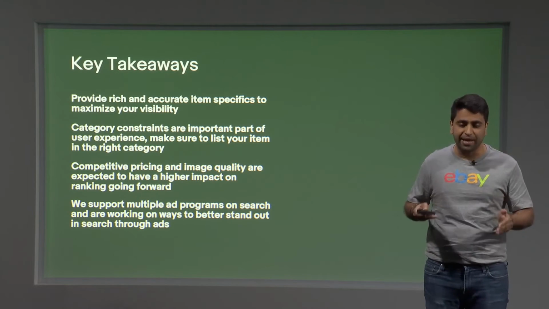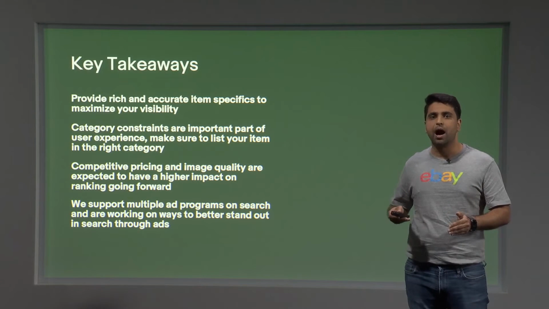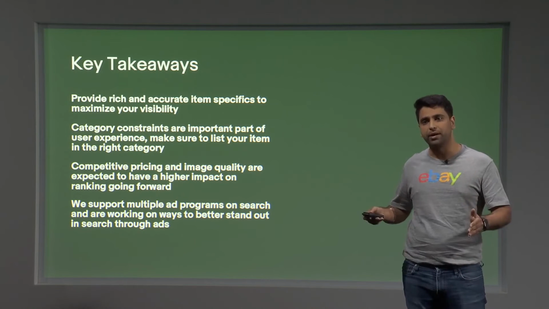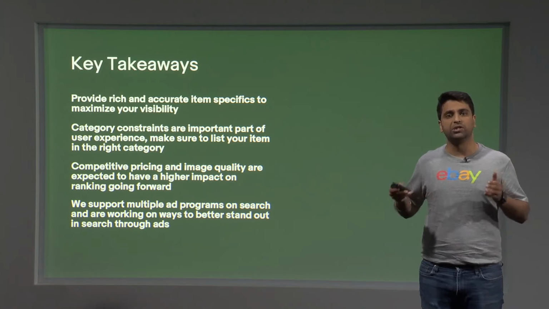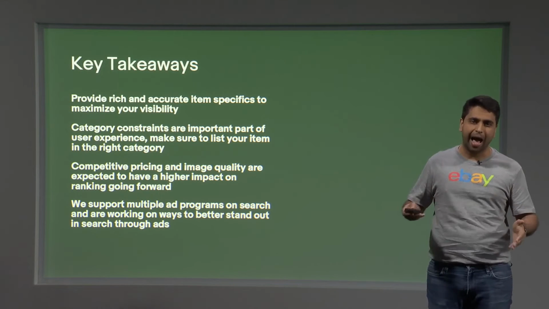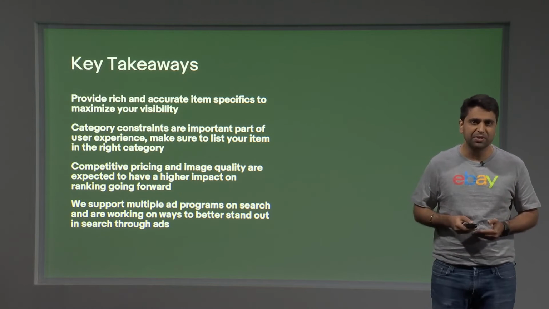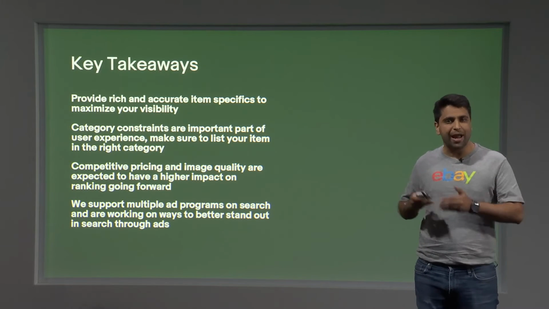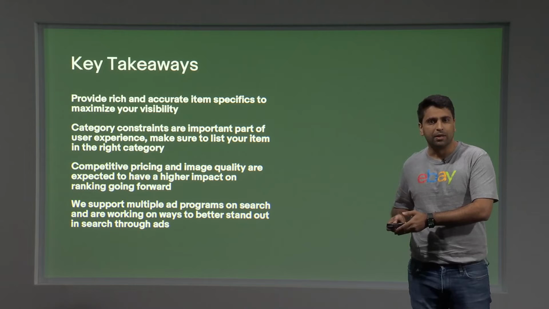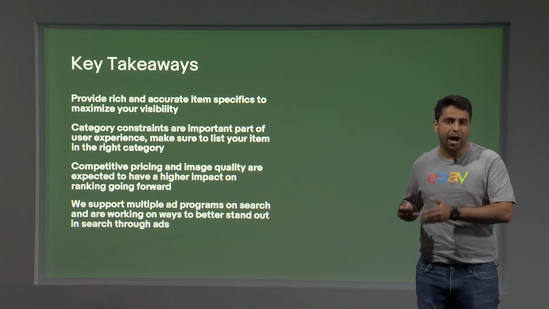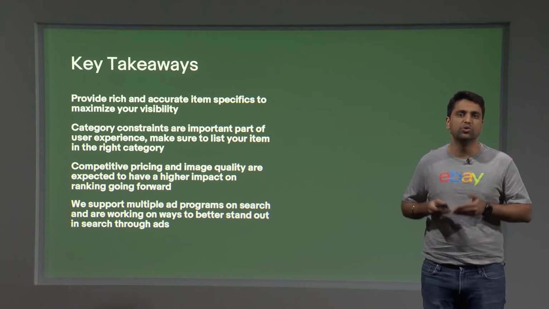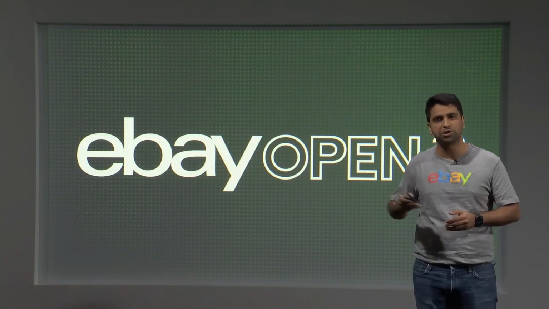Things such as pricing and image quality are getting increasingly important for where you rank on search. And finally, ads. We are investing in multiple programs and multiple ad placements. So ensure that when you run ads on eBay the next time, you keep in mind how it performs on search and how you can use ads to increase your visibility on search.